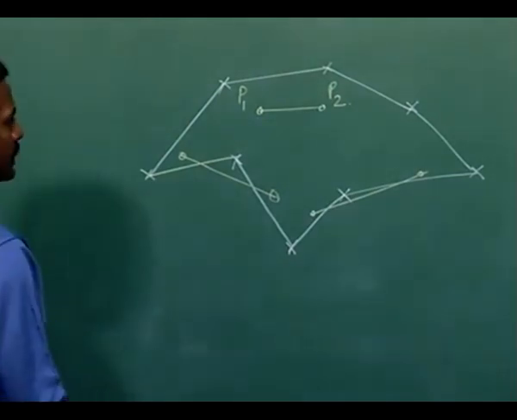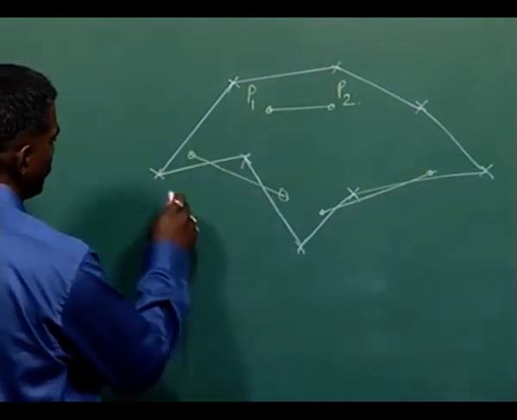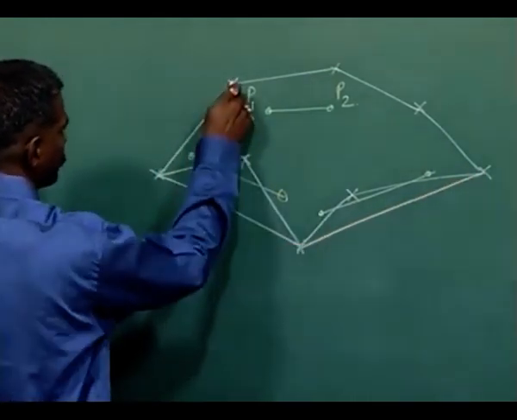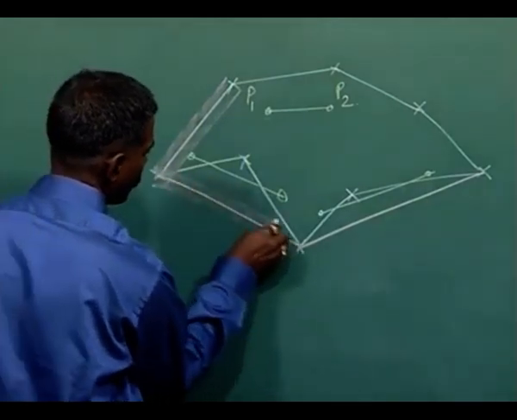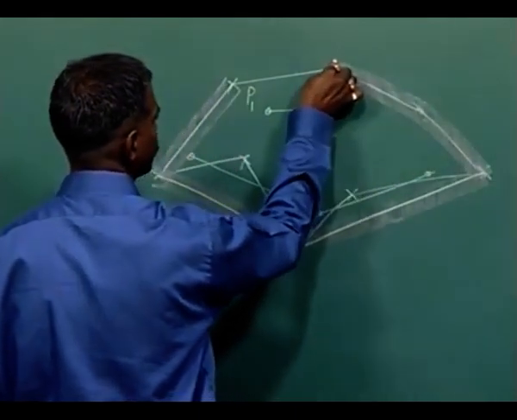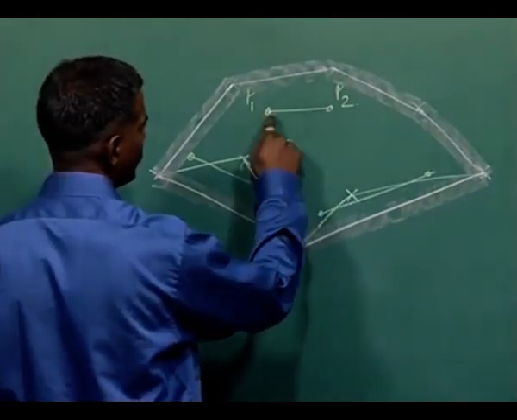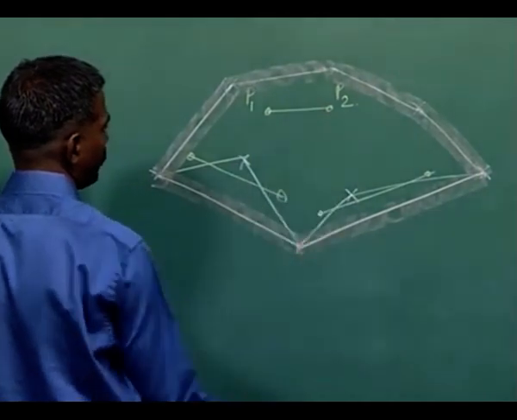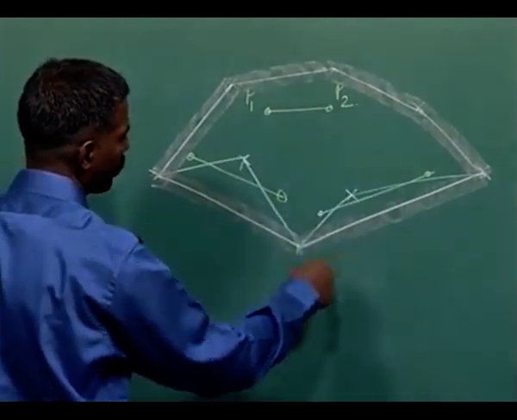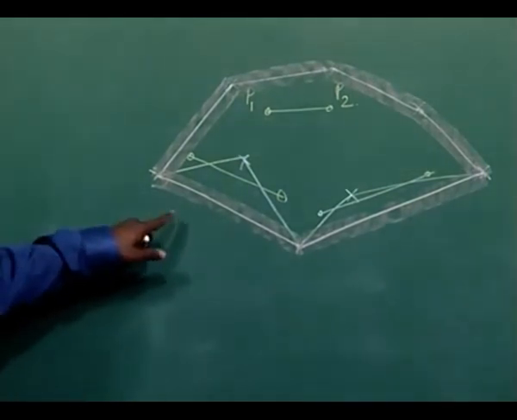The actual convex hull, which is unique for a given set of data points, can be sketched like so. You can use this definition and verify that for any 2 points within this hull, the corresponding line segment joining the 2 points will always lie within the convex hull.